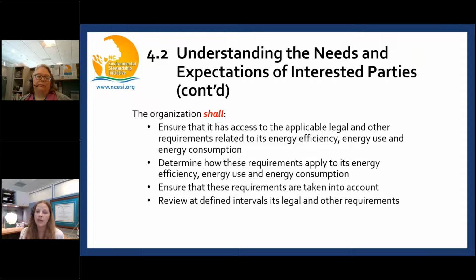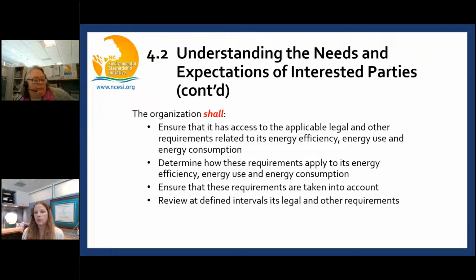Another note is that energy efficiency is defined as the ratio or other quantitative relationship between an output of performance, service, goods, commodities, or energy, and an input of energy. So it's the energy required over the energy consumed. Energy use is the application of energy.